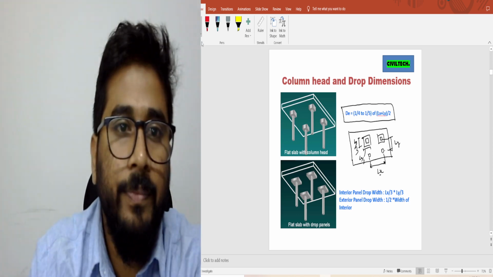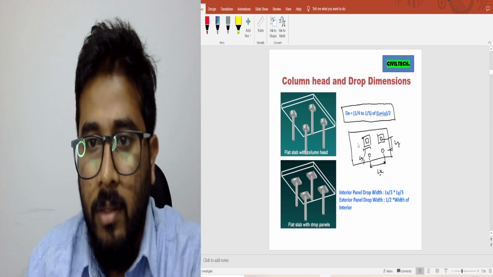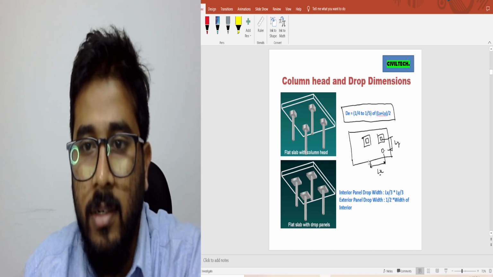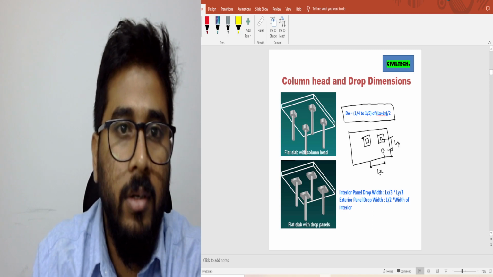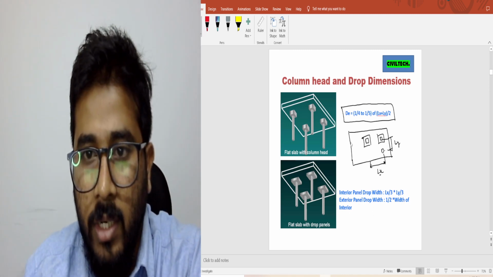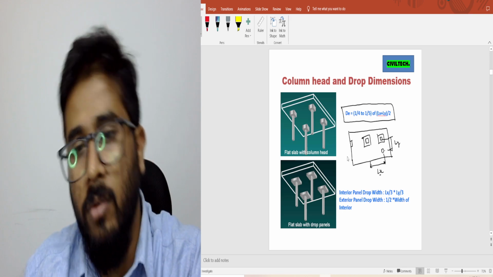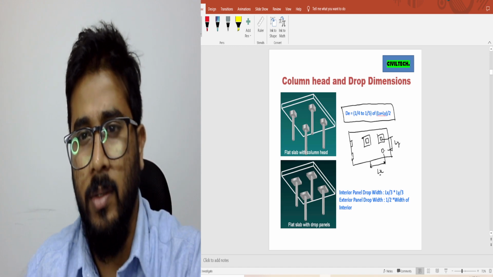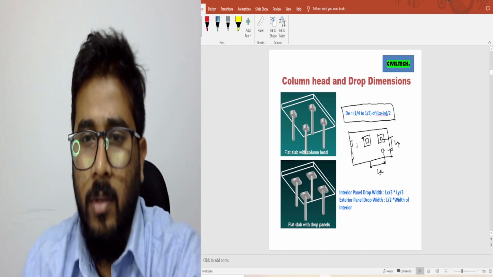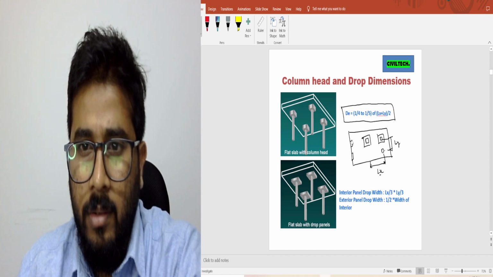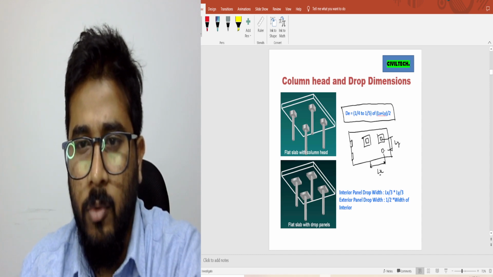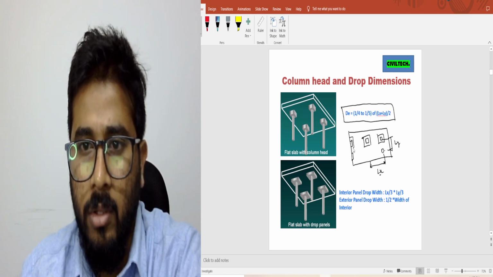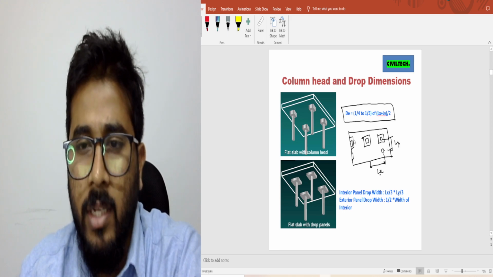Now, if the drop is external, how will you find it out? The external drop looks like this. Suppose at the edge there is a column. You need to provide a drop panel there also. So how will we find the dimension?